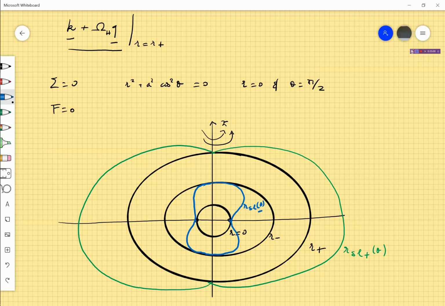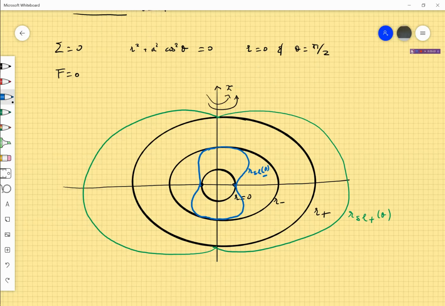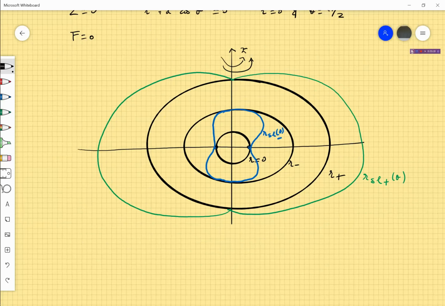Okay, this has been taken from a book which contains everything you want to know about the Kerr geometry and maybe more. A book by Barrett O'Neill, which is published in Dover.